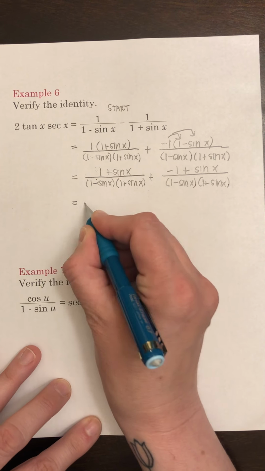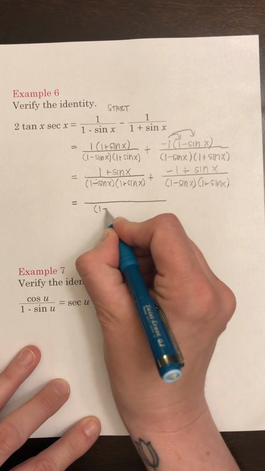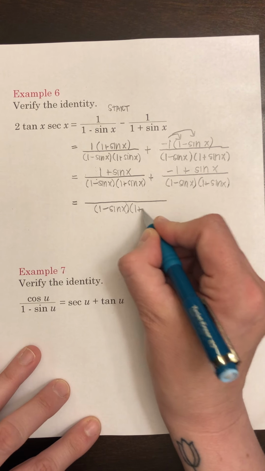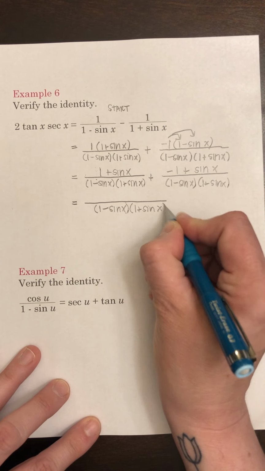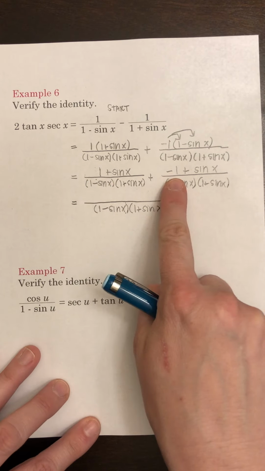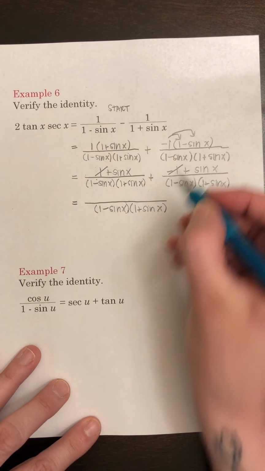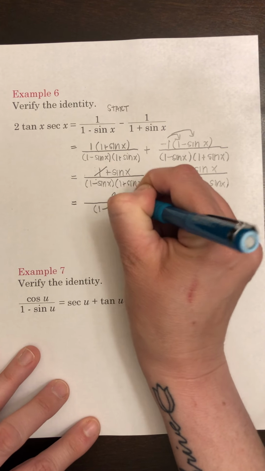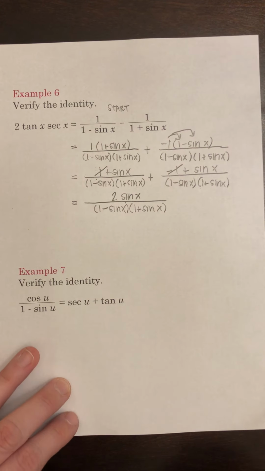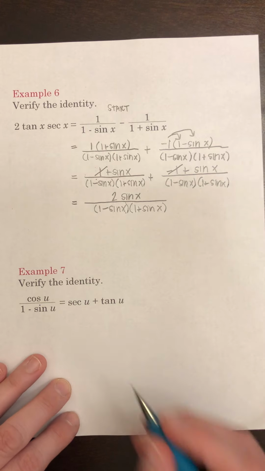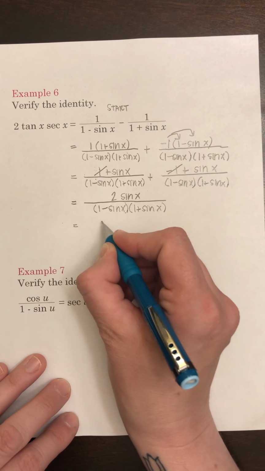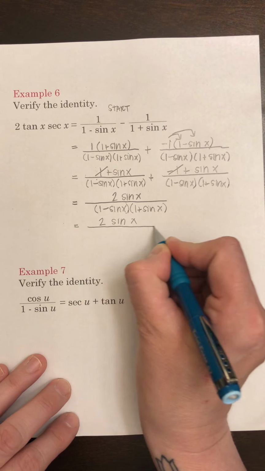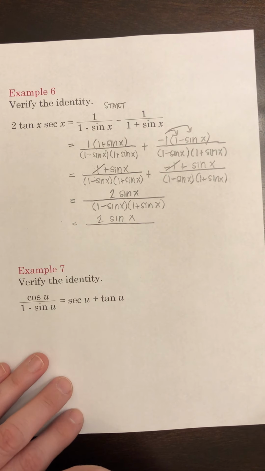So when I go to combine these into a single fraction using that common denominator that we have already come up with, what happens to the positive 1 and the negative 1? They cancel each other out. Sine x plus sine x turns into 2 sine x's. Now let's look in that denominator. What happens if I were to maybe FOIL that out? Let's FOIL it out together.